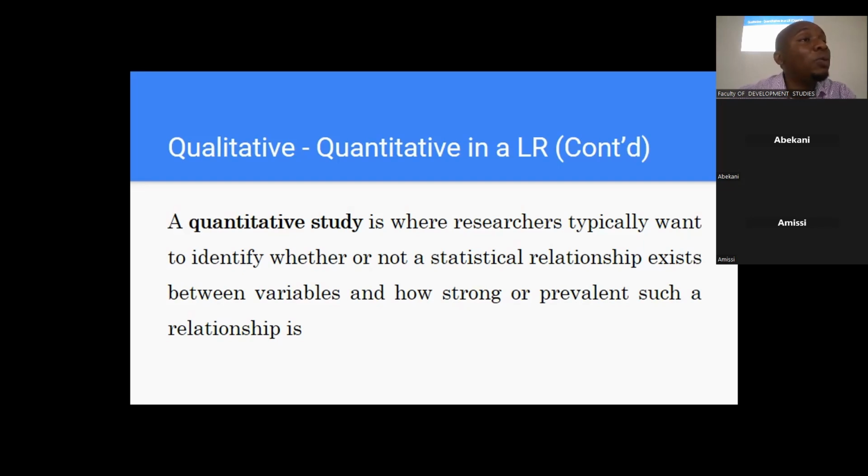What is your goal? If your goal is to see the statistical relationship, like saying 55% of people I interviewed believe the Umunyarwanda has contributed, then that's quantitative.